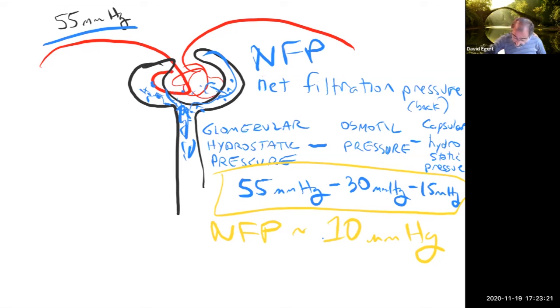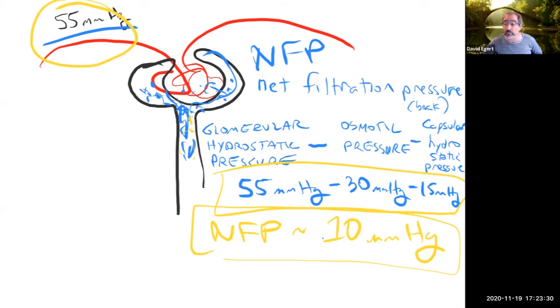So this is what is ultimately driving this. This is why your kidneys really care about keeping your blood pressure high enough, because if this is not adequate, you're not going to have your kidneys working.